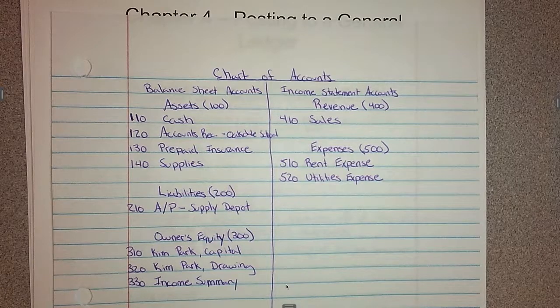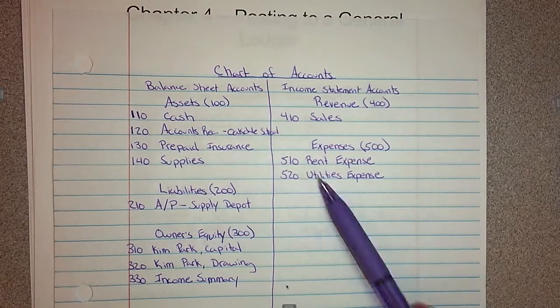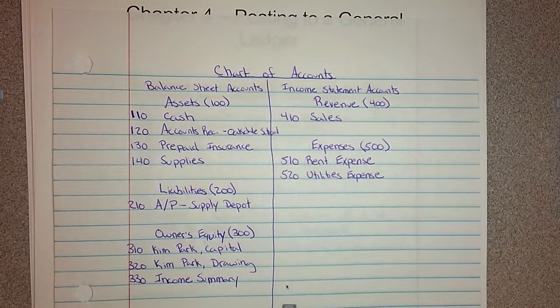Okay, now the nice thing about knowing your chart of accounts is that if you see any account with its number, you automatically know what type of account it is. So you should automatically know what the increase side is, what the decrease side is, and what the normal balance is. Yes. Miscellaneous expense would be an expense. Because it would need to go before rent expense, and because we've already numbered these, 505 would be miscellaneous expense.